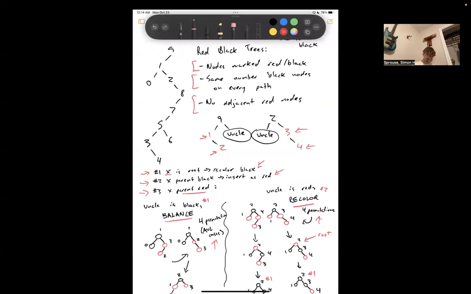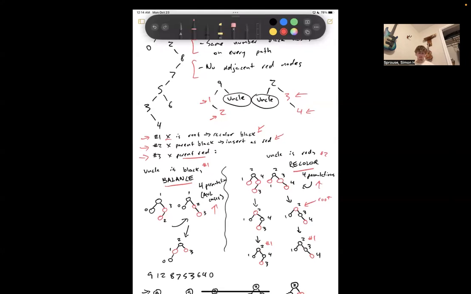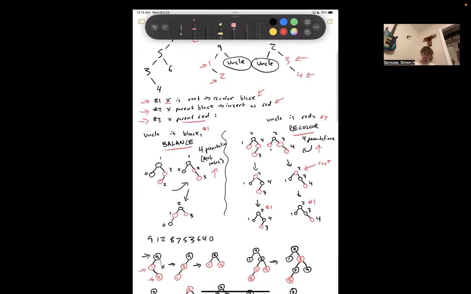So we insert nodes as red, and then we recolor and rebalance them accordingly. So if X is the root, we always recolor it to be black. If X has a black parent, then we are not messing up any of the rules, and we can just insert and proceed. If X has a red parent, then we need to look at the color of the uncle, and that'll determine whether we're in case one or case two.